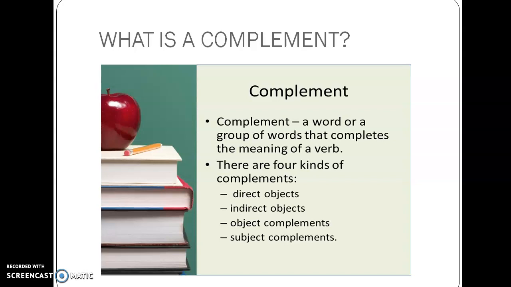There are majorly four kinds of complements: direct objects, indirect objects, object complements, subject complements. Now, direct and indirect objects you have already done before. They also complete the meaning of the verb because they are placed after the verb. They add meaning to the verb. Now, what are subject and object complements?